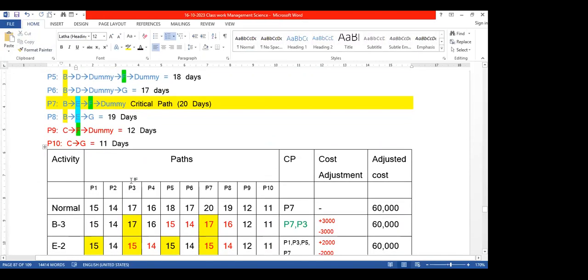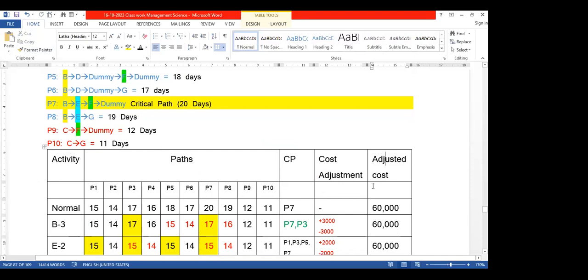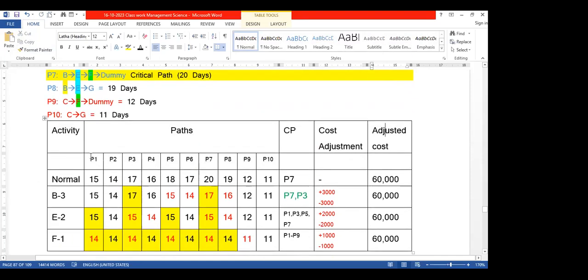You see here, we develop a table like this: activities, path, critical path, cost adjustment, adjusted cost. So we have already identified all the paths P1, P2, P3, P4, P5, P6, P7, P10.